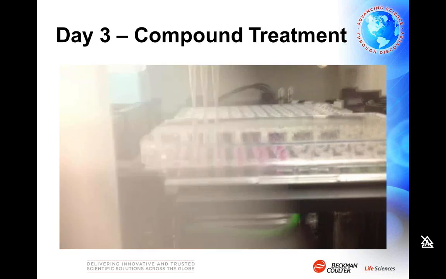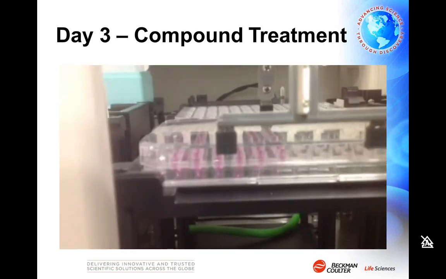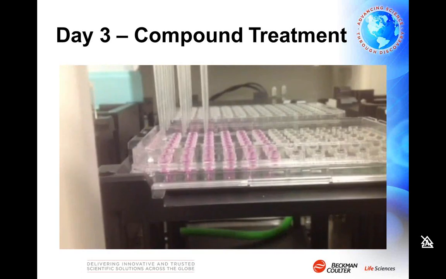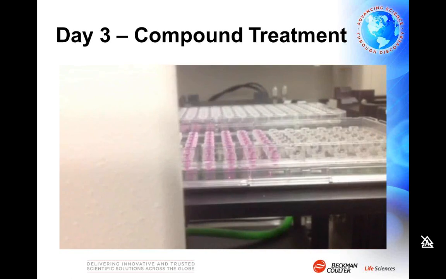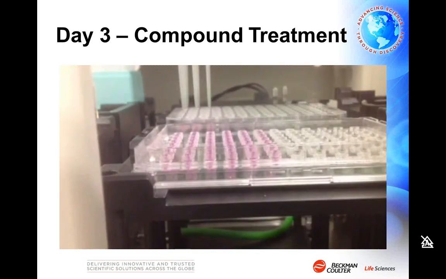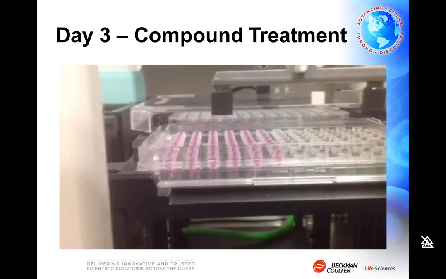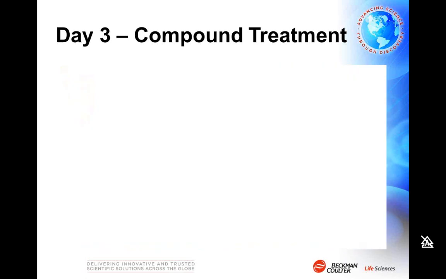Following this, the HD plate is delidded, and we picked up 24 tips in this case, and removed the 10 microliters from the top of the droplet, dispensed that to waste, and then picked up the 10 microliters of diluted compound, added that to the HD wells, and did a gentle mix to help distribute the compound. After this, the plate was relidded and returned to the incubator for another 24 hours.